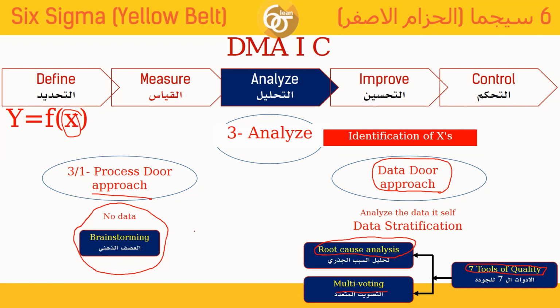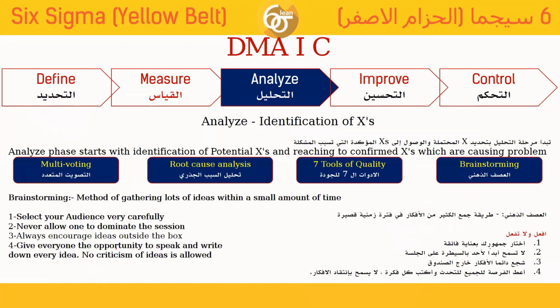Okay. So first of all, we need to start with brainstorming. So what is brainstorming? Brainstorming is a method to gather a lot of different ideas in a small amount of time. So brainstorming is about gathering people.